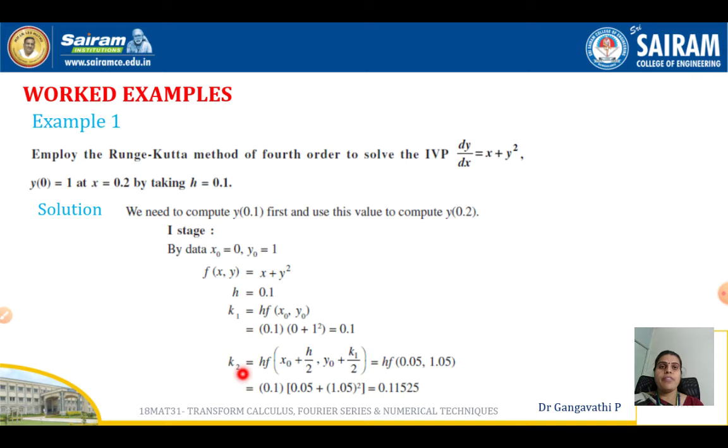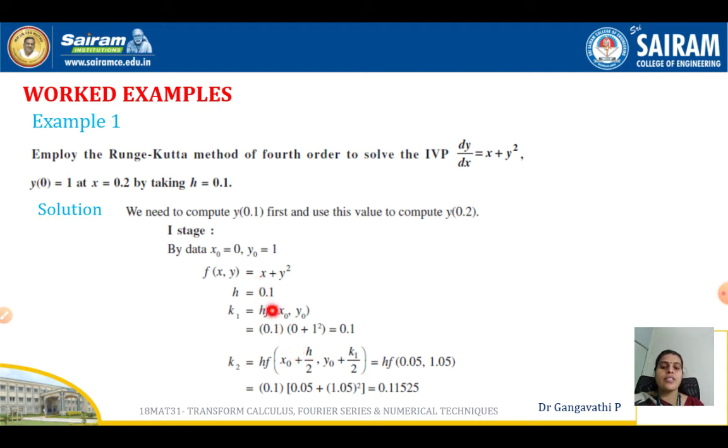Similarly, write down the formula for K2. K2 is h into f of x naught plus h by 2 comma y naught plus k1 by 2. X naught is 0, h is 0.1 divided by 2. So this entire thing you replace in the place of x in your formula.